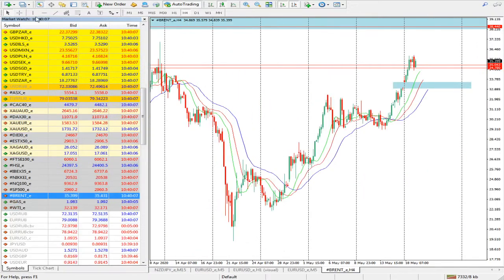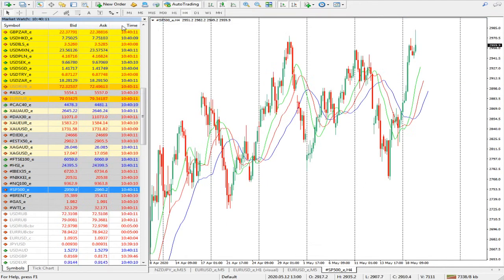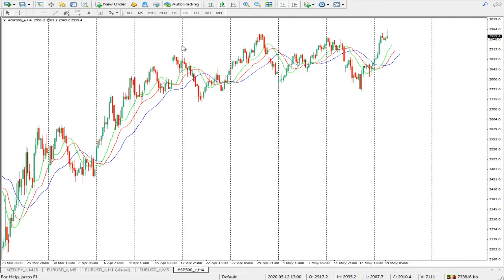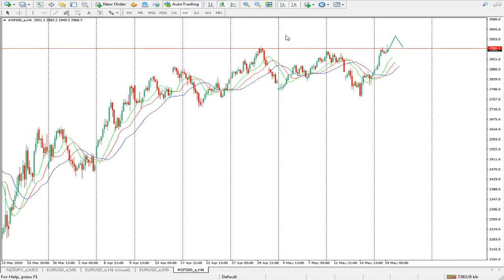We'll look at the SP500. SP500, we have some resistance where the price is now. This one we can see previously. Then as I'm speaking now, we also have a resistance here, which means should the price break above, we should wait for some retracement so that we pick a buy position.